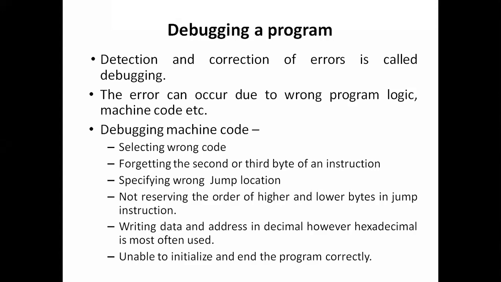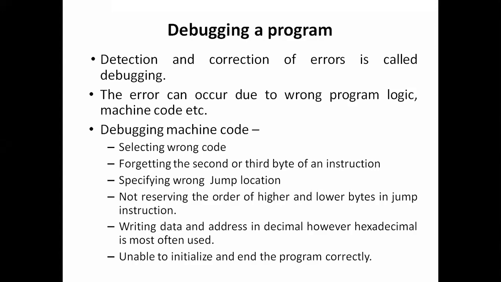Then you have to load the lower byte of the address, and then you have to write the higher byte of the address. So the ordering of the higher and the lower byte is also important. Whenever you have to feed that address into memory locations, first of all the lower byte is written and then the higher byte is written.